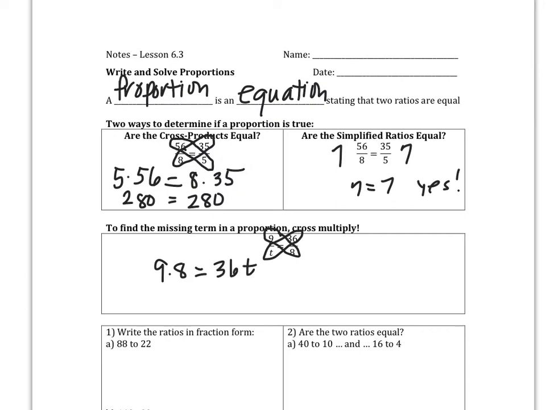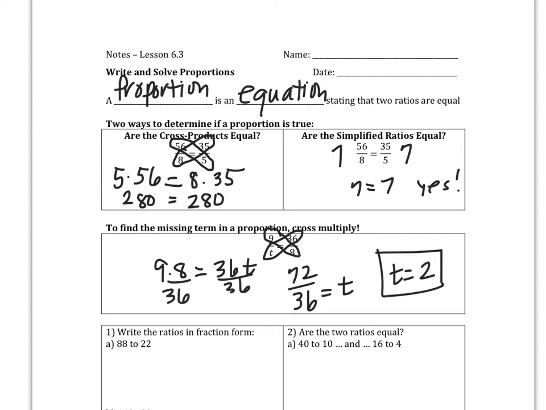We're solving for t, so we divide both sides by 36. So 72 divided by 36 equals t, and t equals 2. That is a way to find our missing term when we have a proportion.